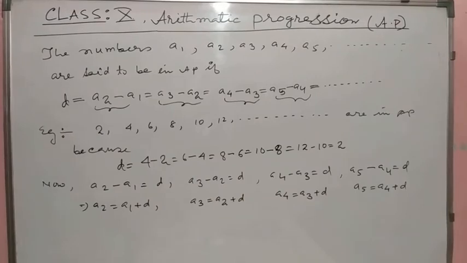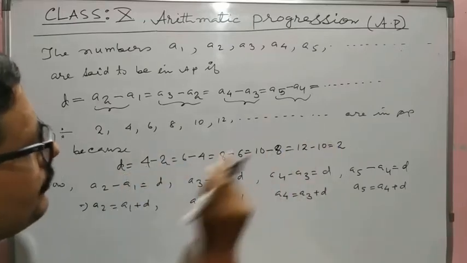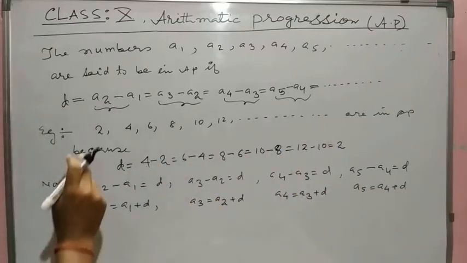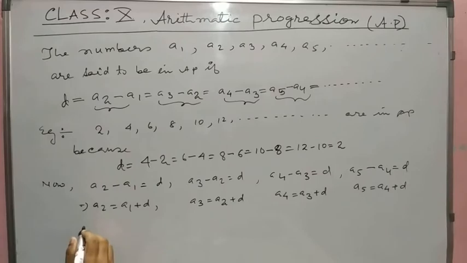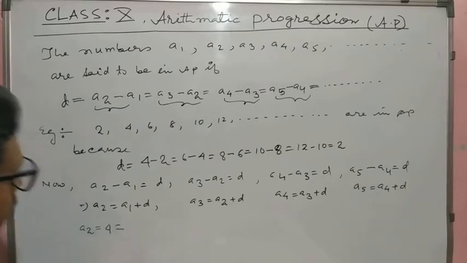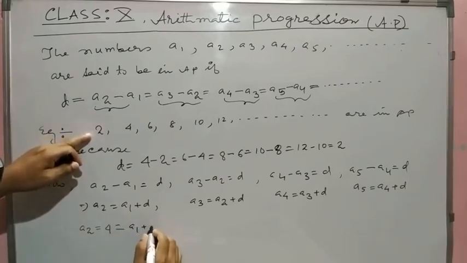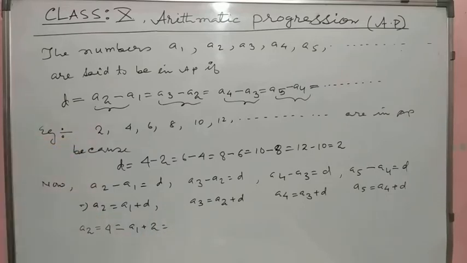Now if we apply this here, the common difference is 2 and the first term is 2. Therefore the second term is 4. I can write first term plus common difference: first term is 2, so 2 plus 2 equals 4.